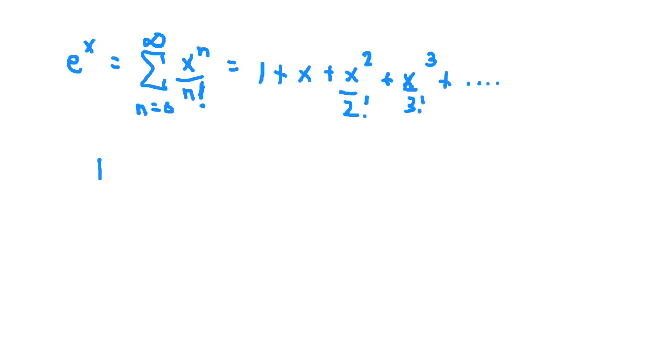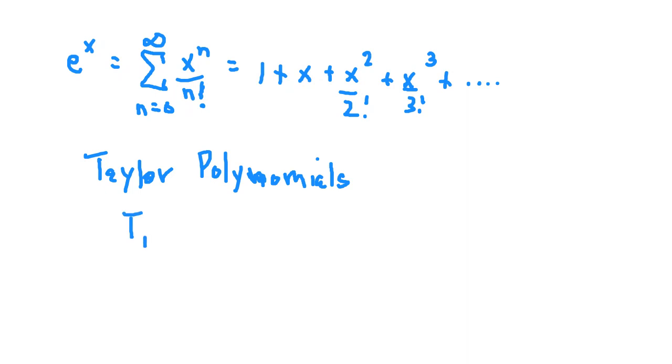Okay, now one concept that'll come up in section 8.8 is the concept of Taylor or Maclaurin polynomials. So for instance, a first degree Taylor polynomial would be just 1 plus x. That's a polynomial of first degree.